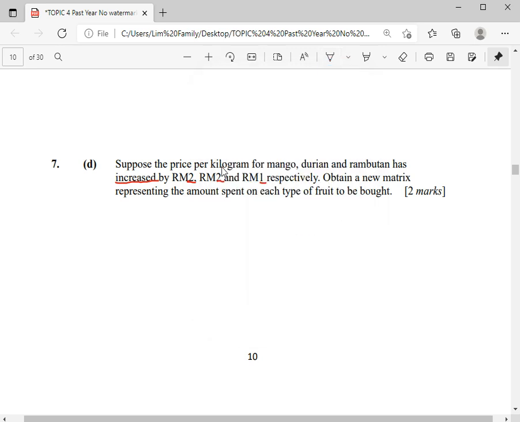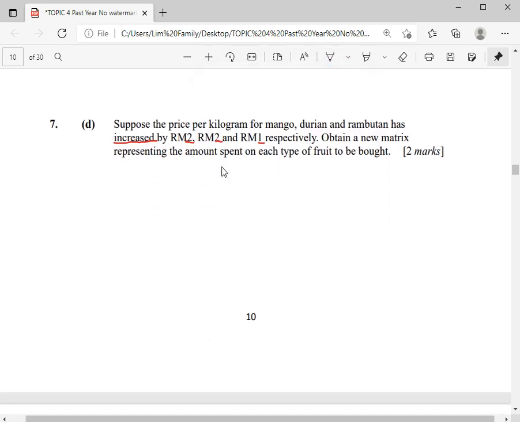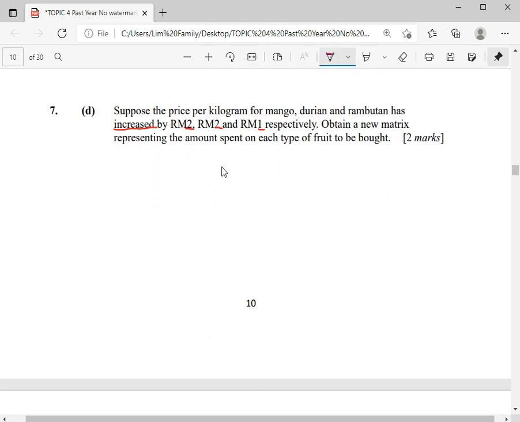So originally, what is our matrix? We can look at our kilograms there. For store P it is 5 kilo, 3 kilo, and 2 kilo. For store Q it is 3 kilo, 4 kilo, and 4 kilo. And store R will be 2, 3, 4.